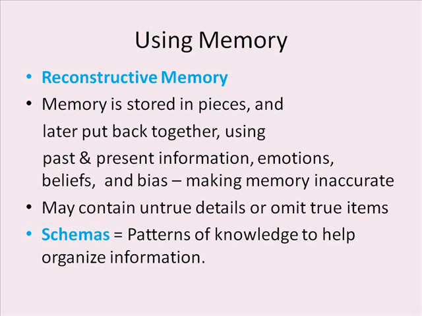So when you try to remember what happened at a birthday party, you're trying to remember what the cake looked like, who was there, what games were played or what activities went on, whose birthday it was, what day it was that you were celebrating, and things like that, because those things fit into your perception of what occurred at a birthday party or what should occur at a birthday party. This is an example of a schema.